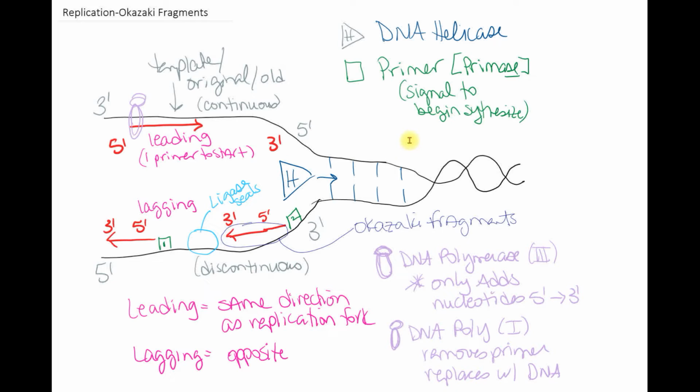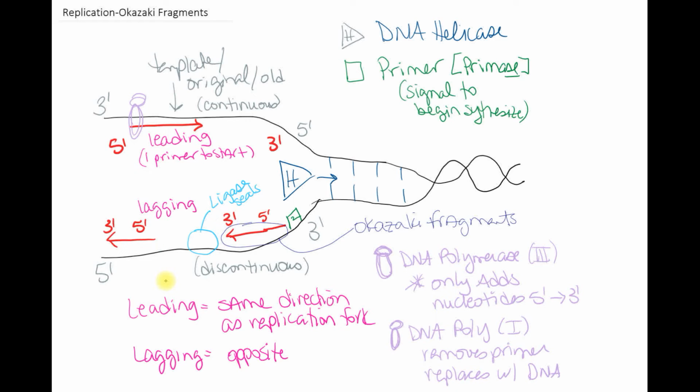On the opposite side, again, it's going to first lay down a primer. And so here is the first primer here. Now when primase lays it down, because it's anti-parallel, it's going to build the new strand 5' to 3'. To do that, you notice it's away from the fork, so it's going to build away from the fork.